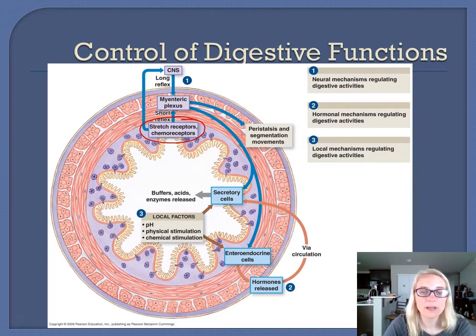On a long reflex, we would have the sensory receptor go to the myenteric plexus. Oh, sorry, that's not right. I've got to do my long reflex. So here's my sensory receptor. Instead of going to the myenteric plexus, it goes up to the CNS, which could be the spinal cord, or you could send an ascending tract up to the brain. But in this case, from your CNS to your myenteric plexus, that's going to be your preganglionic neuron.